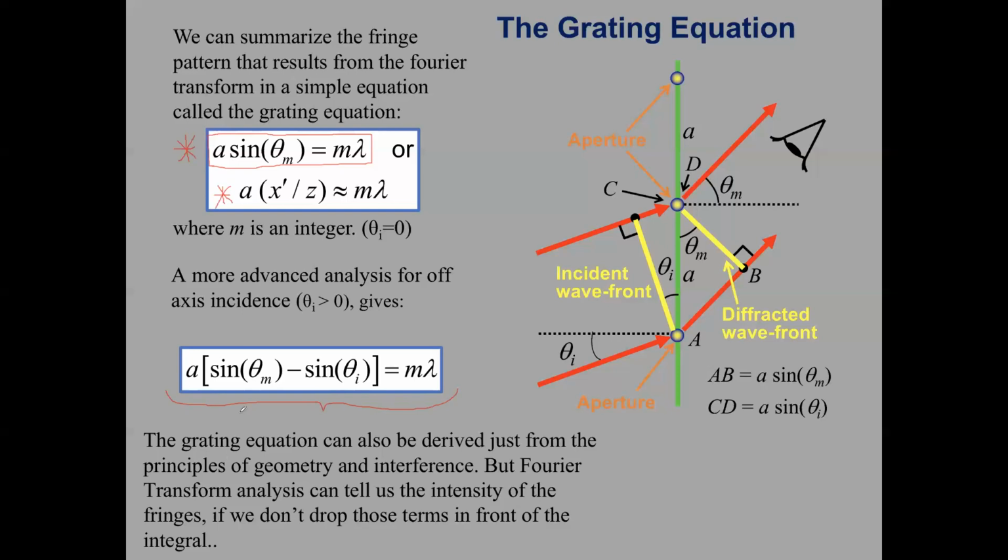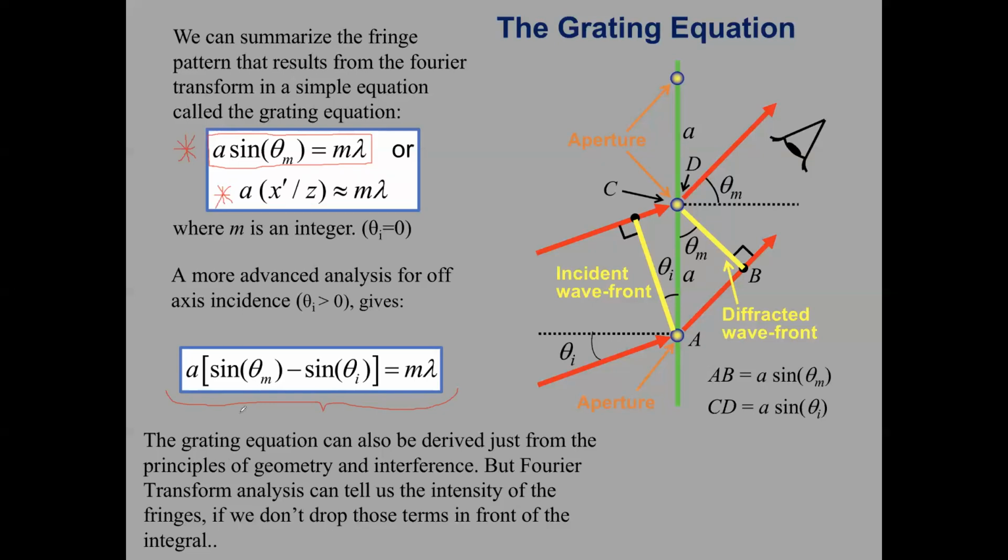a slightly modified version of the grating equation. Usually when you work with gratings, and it's quite nice, you never have to go back to the Fraunhofer Fourier transform integral. You can just start right here at the diffraction grating. But part of the advanced optics class is to show you where this comes from. If you worked with diffraction gratings in modern physics, you've probably seen this equation before.